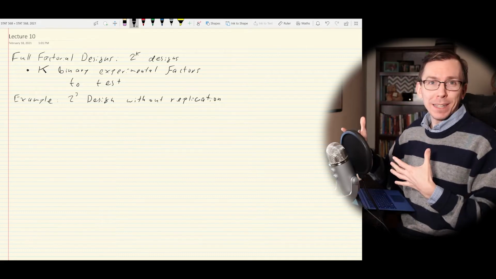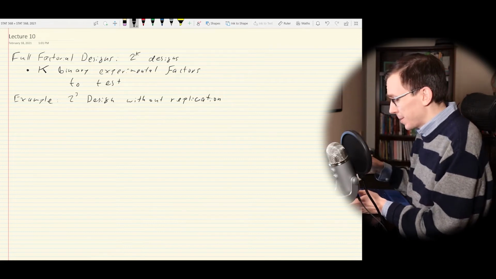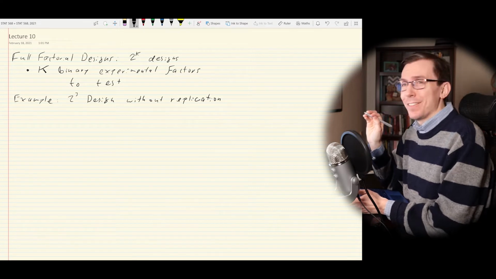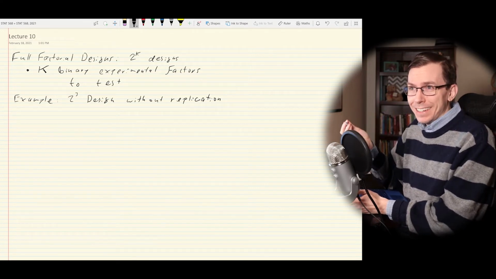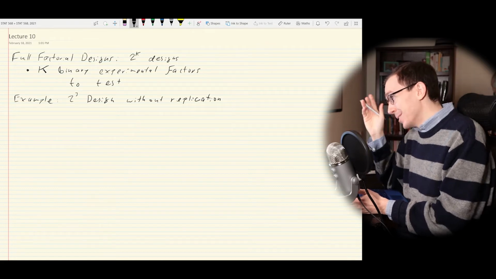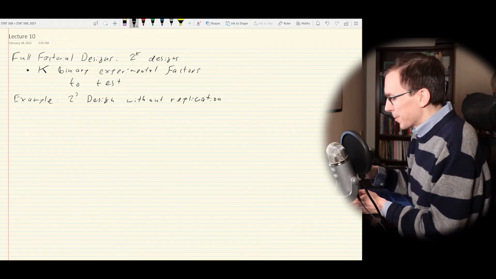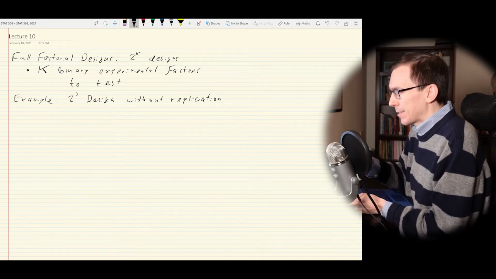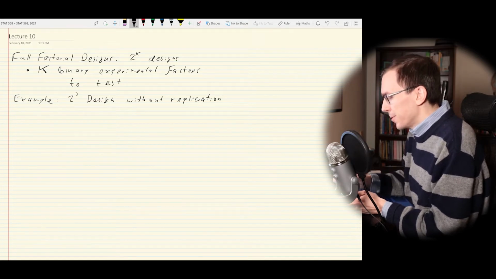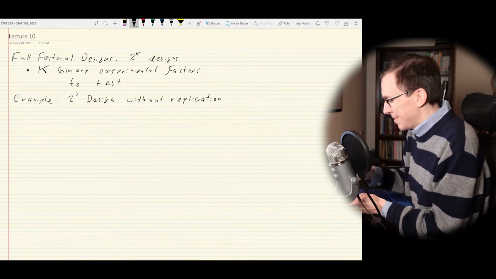Now, you can, of course, replicate these things, especially if a 2 to the 3 would only require 8 observations, because 2 times 2 times 2. But when you have, say, a 2 to the 10, now you have 1,000 observations, or 1024 to be precise. So replicating that would take a lot more resources, right? A replication would effectively double the amount of resources required to run your experiment. So not to be taken lightly.